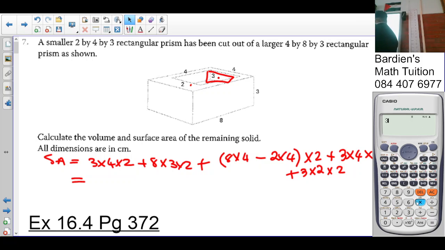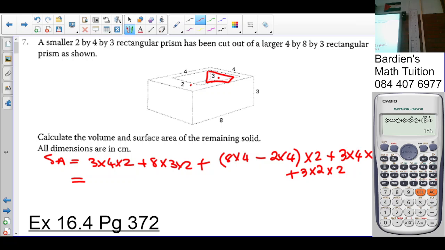So it's going to be 3 times 4 times 2 plus 8 times 3 times 2 plus, open brackets, 8 times 4 minus 2 times 4 times 2, plus 3 times 4 times 2 plus 3 times 2 times 2, for 156 centimeters.